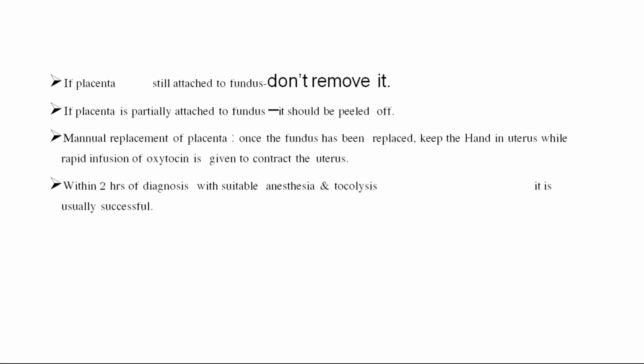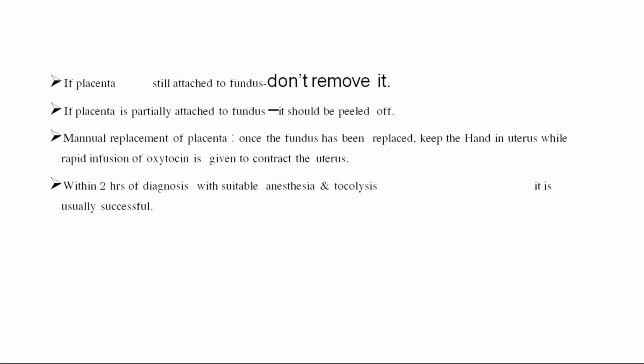Once the fundus has been replaced, keep the hand in the uterus while a rapid infusion of oxytocin is given to contract the uterus. As soon as you replace the fundus, don't remove your hand. Keep your hand in position while we start the oxytocin infusion and the uterus should get contracted. Then only can you remove the hand.